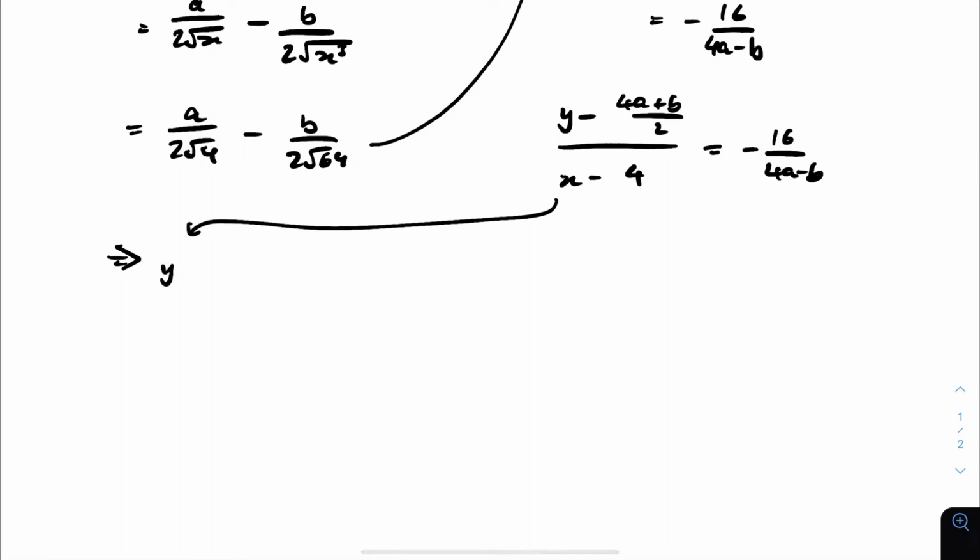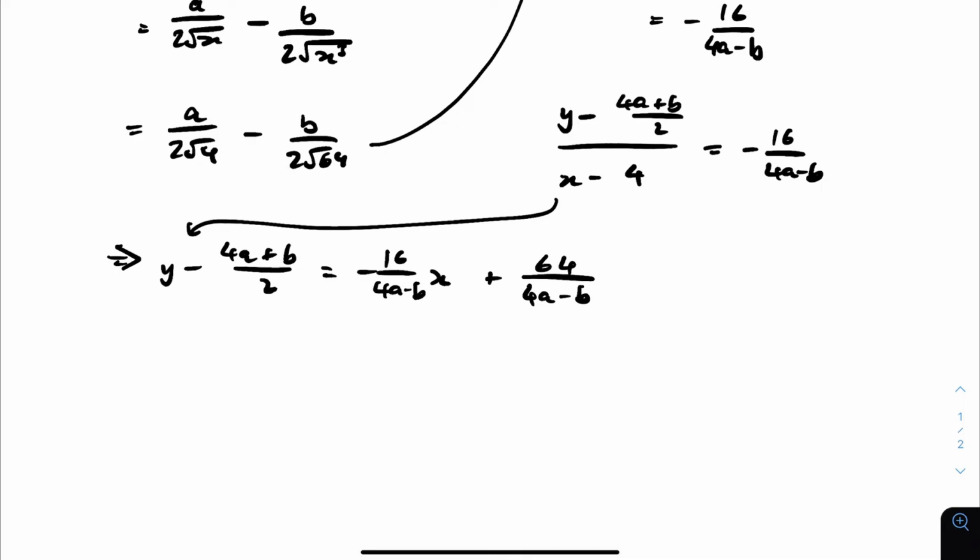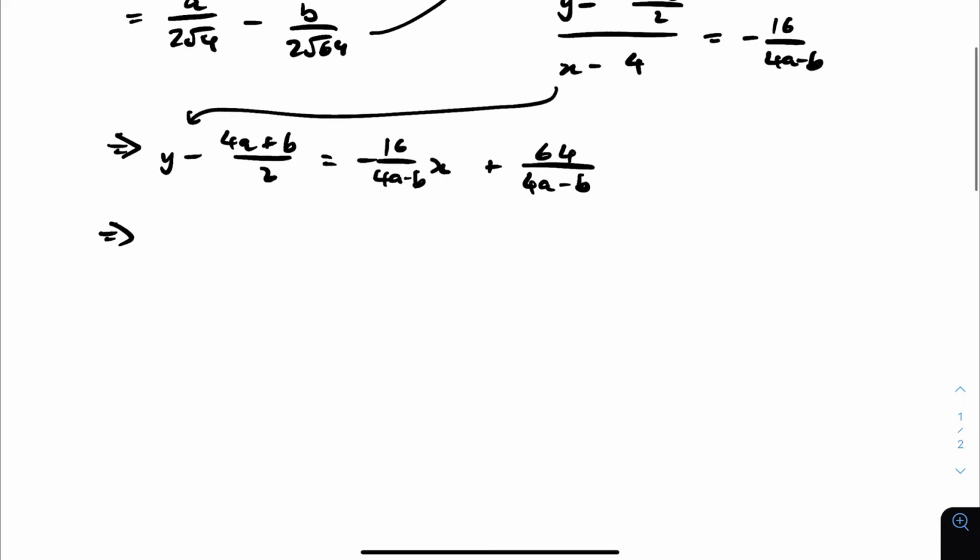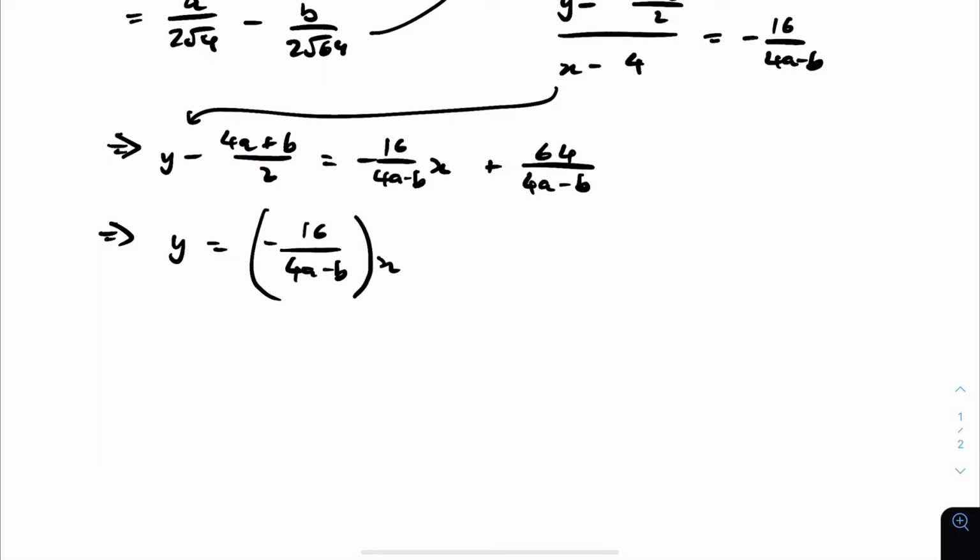So y minus 4a plus b over 2 is equal to negative 16 over 4a minus b x plus 64 over 4a minus b. Now if we bring everything to one side, we get y is equal to negative 16 over 4a minus b x plus 64 over 4a minus b plus 4a plus b over 2.